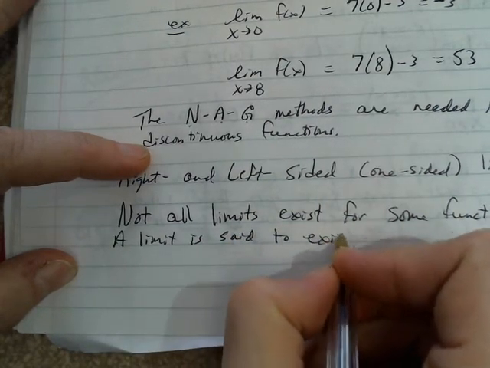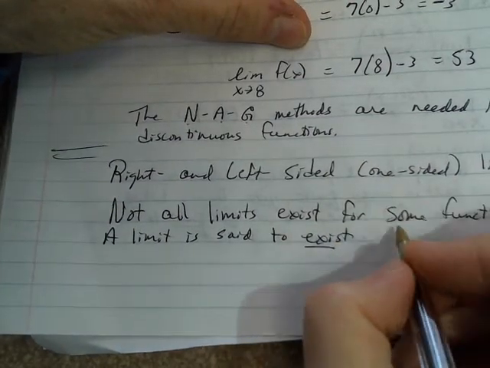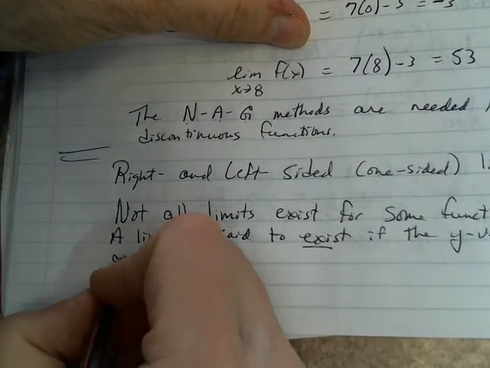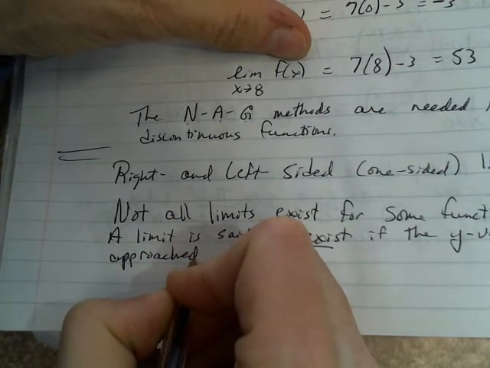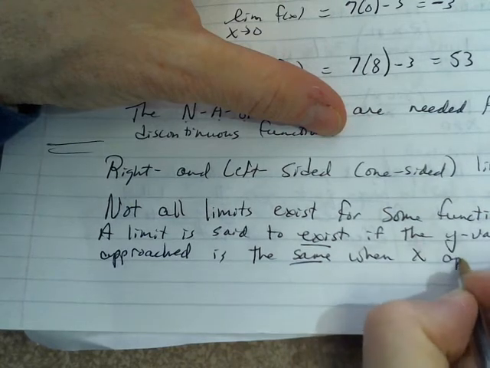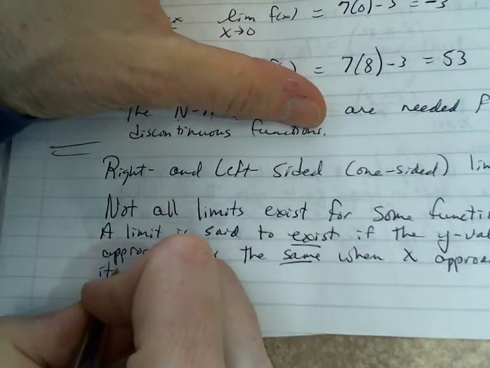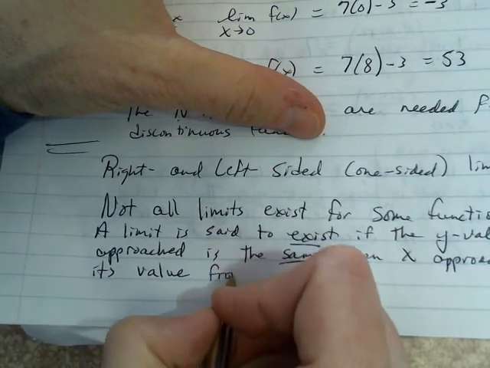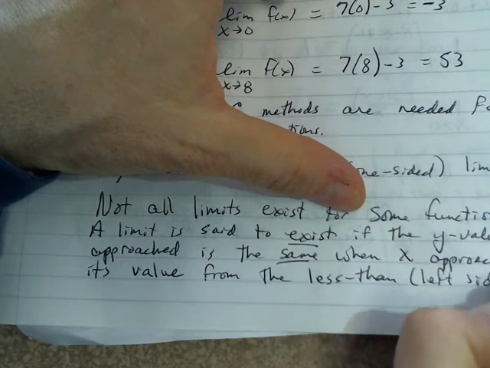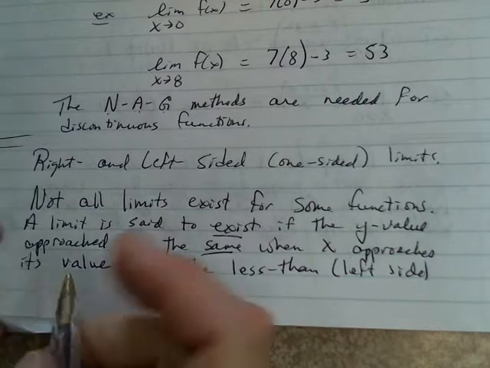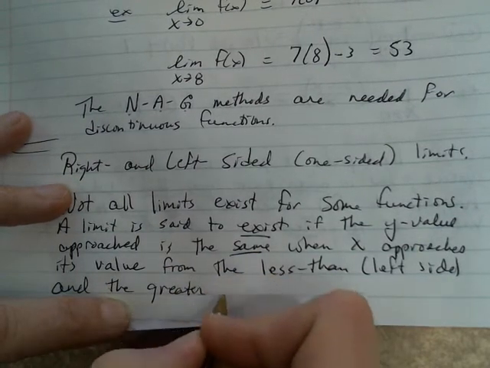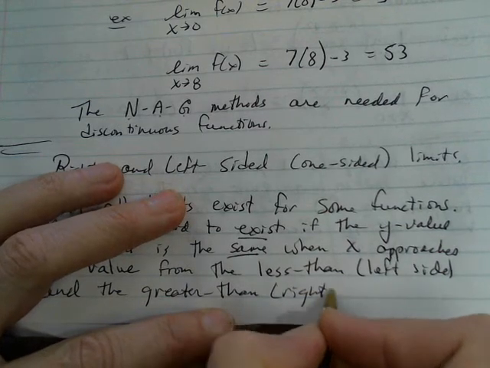A limit is said to exist if the y value approached, there's our word approached again, is the same when x approaches the value that we're evaluating it for from the less than, or in other words, the left side, and from the greater than, or in other words, the right side.